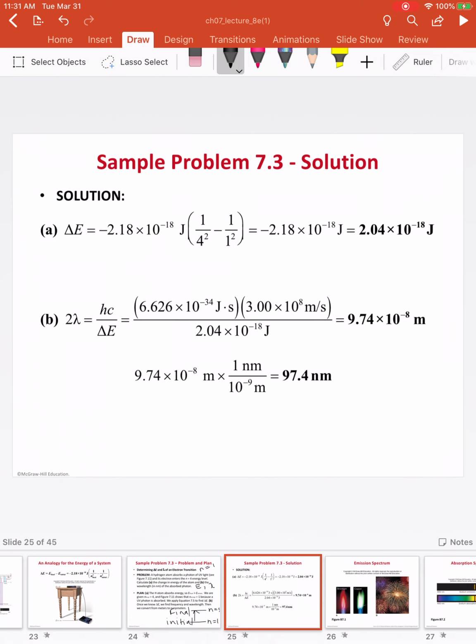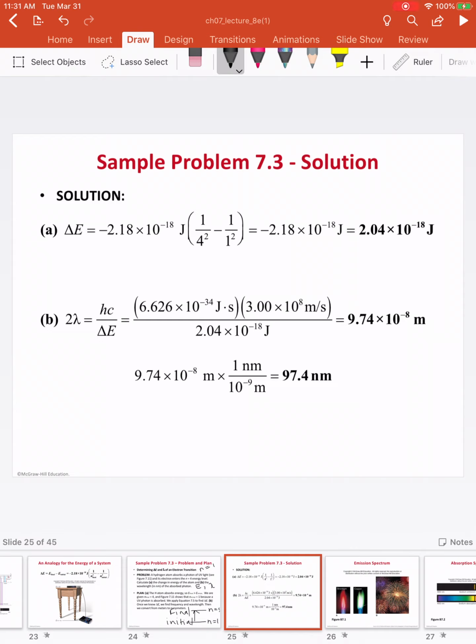So we can put that here. Same equation we use: negative 2.18 times 10 to the negative 18, and then the final, 1 over 4 squared, remember it needs to be squared, minus the initial, 1 over 1 squared. So 1 over 4 squared.